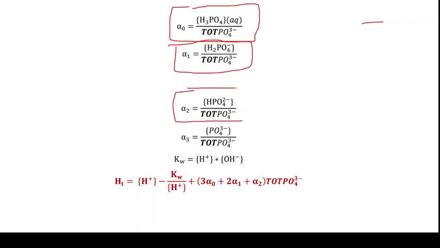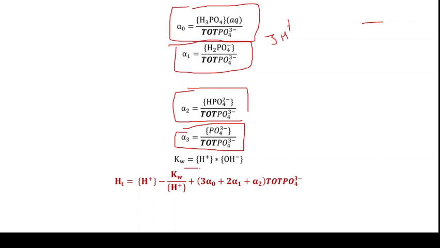Alpha 2 is HPO4 divided by total phosphate, and alpha 3 is PO4 divided by total phosphate. Why these many alphas? Because this is a triprotic acid. Three protons are available. That's why.